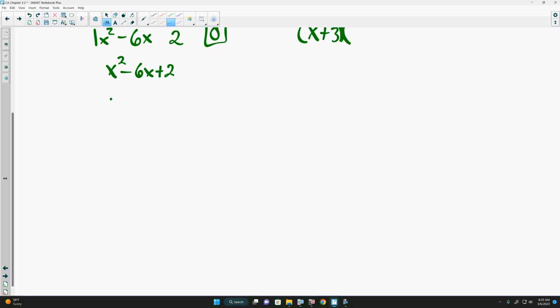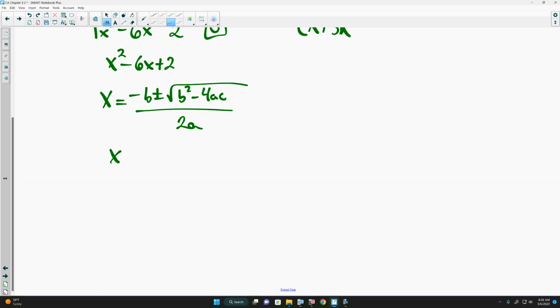It did cross the x-axis. So what we're going to have to do is either complete the square or use the quadratic formula. And at this point, it's going to be faster and easier to just use the quadratic formula than to try to complete the square. At least in my opinion.